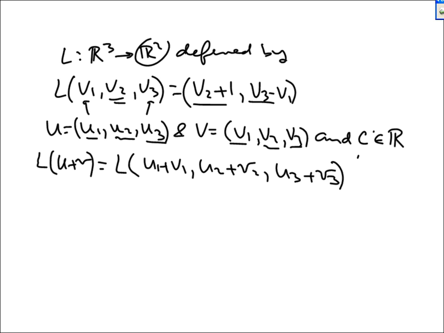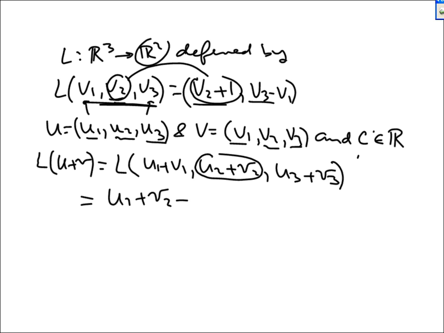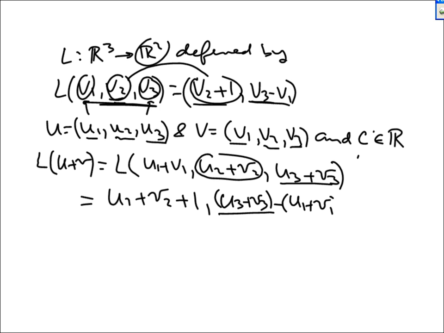And what L does to any triple is it takes the second one and it adds 1 to it. Okay? I'm not going to discriminate. I'm going to take the second entry and add 1 to it. And then, for the second entry, it's the third entry minus the first. It's the third entry, u3 plus v3, minus the first entry, u1 plus v1.